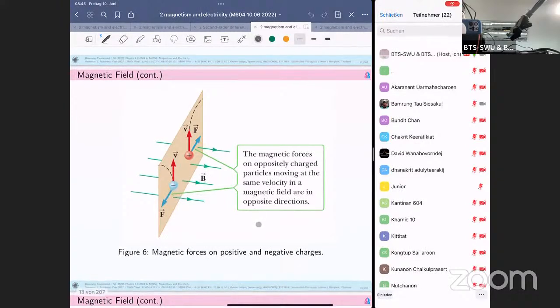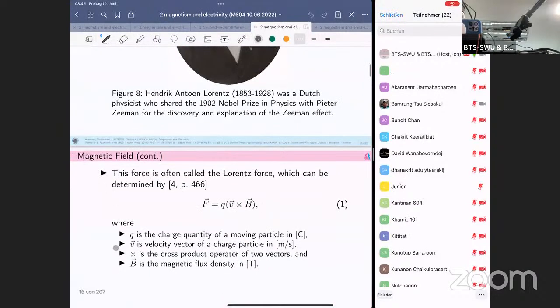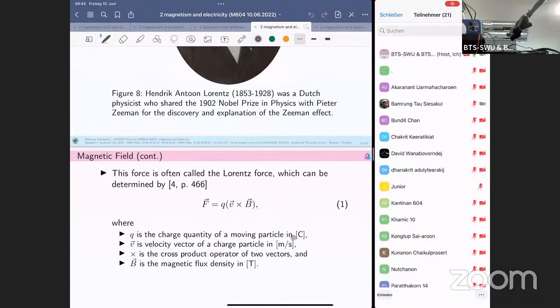Here we have F equal to q, v cross B, which will be a vector. v is the velocity vector of the charged particle in meters per second, and q will be measured in coulombs.